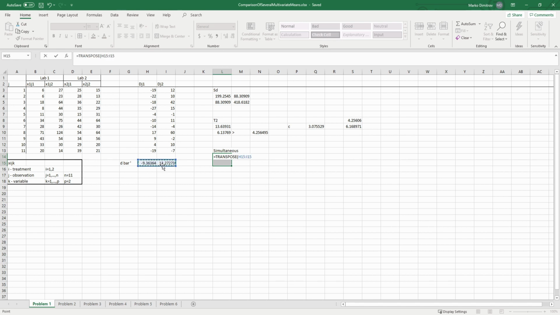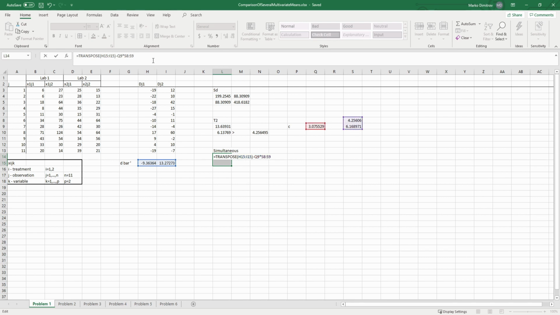When we multiply this vector of means transposed, minus the constant c multiplied with this vector, we get a 2 times 1 vector: our average minus constant times this, and in the end this minus this times this.